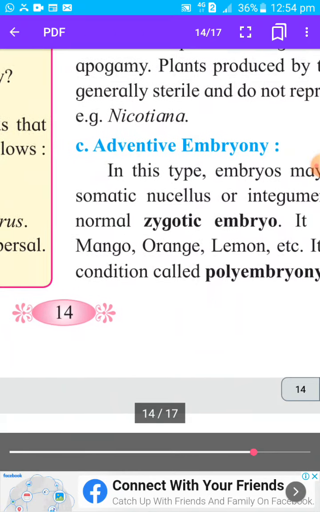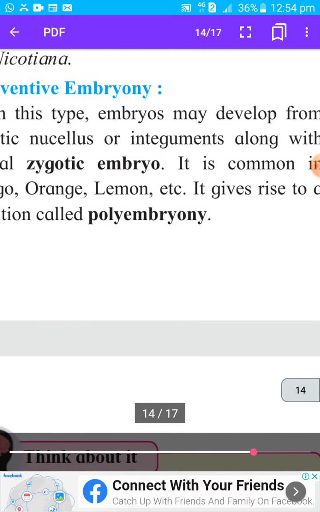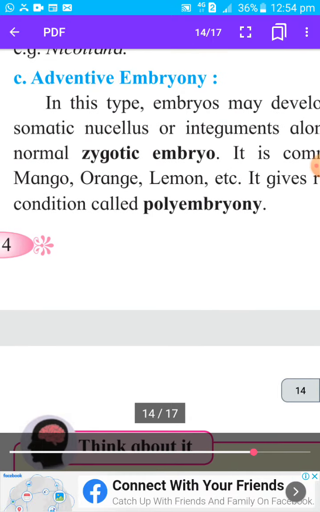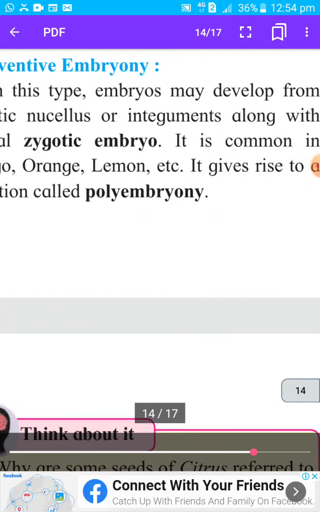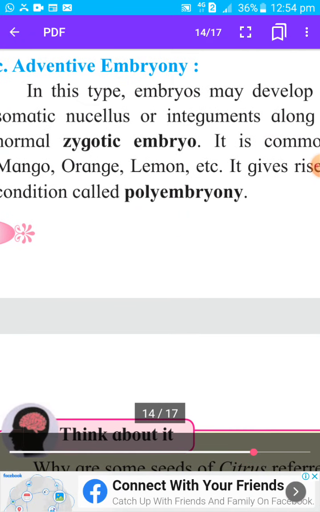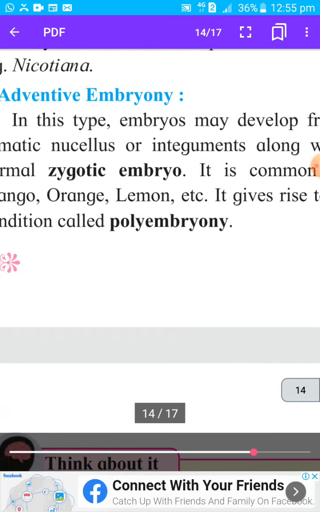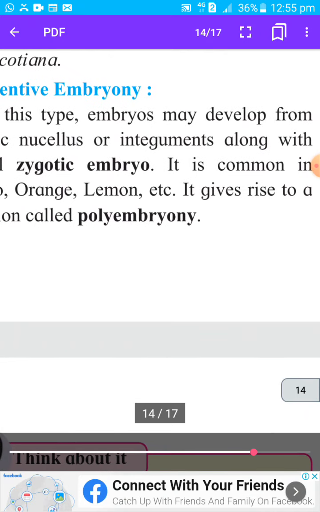Then next one, adventive. In this type, embryos may develop from somatic nucellus or integuments along with the normal zygotic embryo. So here the normal zygotic embryo is also there, means the zygote is formed, and from the zygote the embryo is developed. Along with that, again an embryo may develop from the somatic nucellus, as we have studied, or integuments.